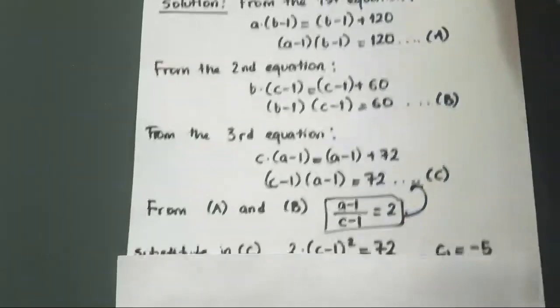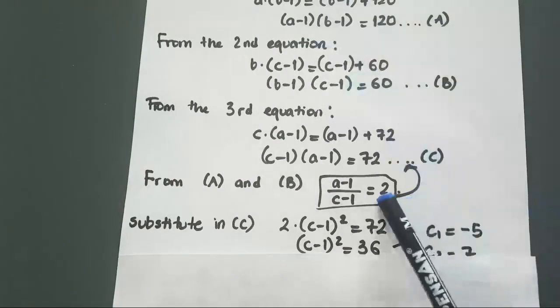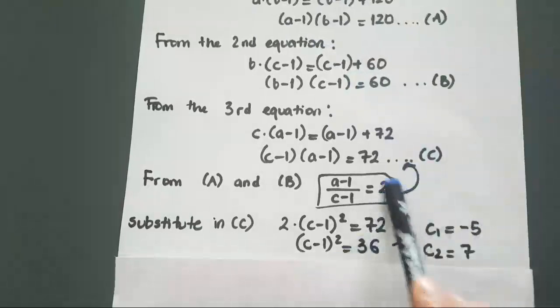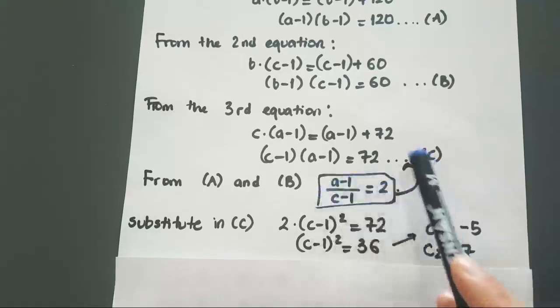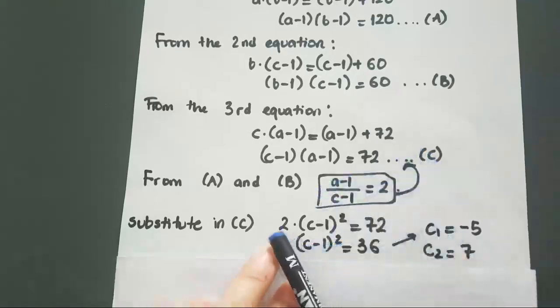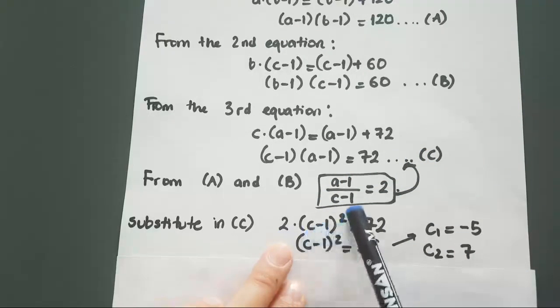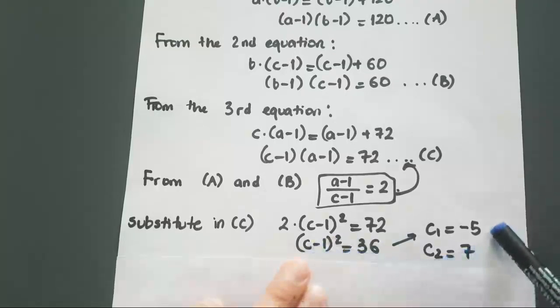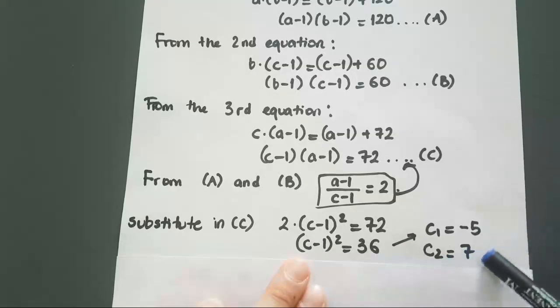And if I substitute this in C, I will get that 2 times (C minus 1) squared is equal to 72. And when I solve this quadratic problem, (C minus 1) squared is 36 and C is negative 5 or positive 7. Any problem up until here?